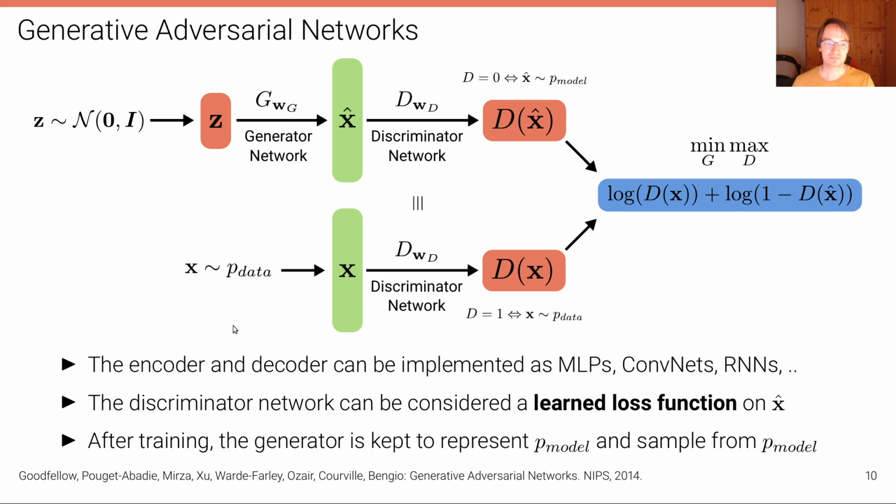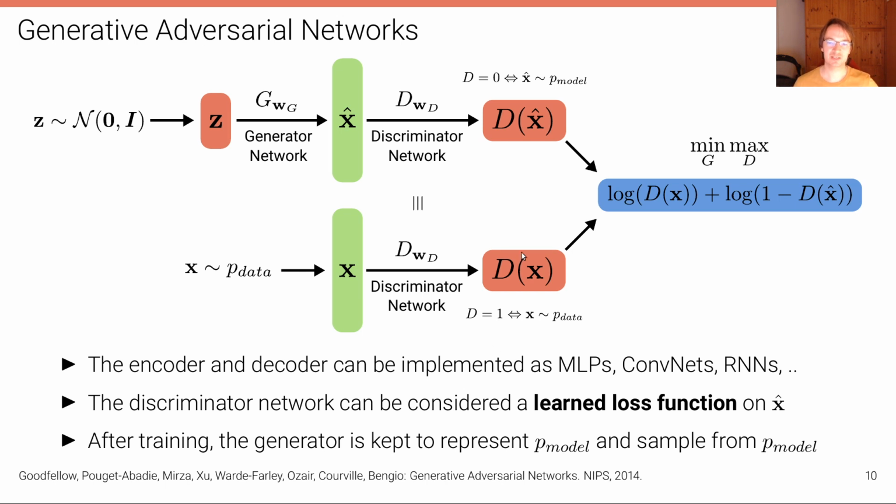Now the encoder and the decoder, or rather the generator and discriminator, I should have called them. The decoder would be the generator and there's no encoder; this would be the discriminator. The discriminator and the generator can be implemented as MLPs, convnets or recurrent neural networks, depending on the application.